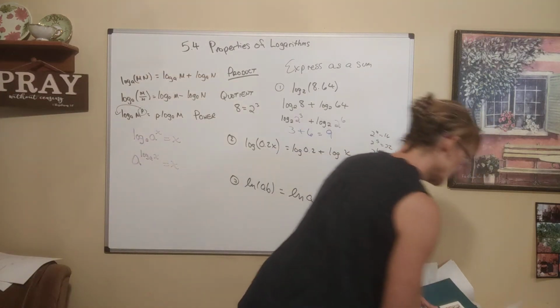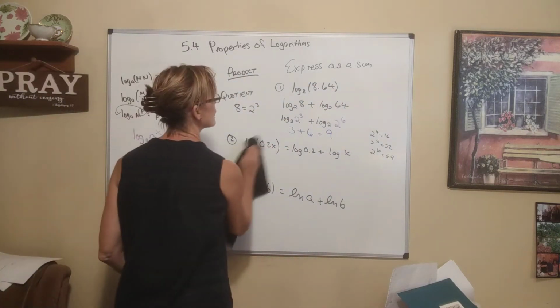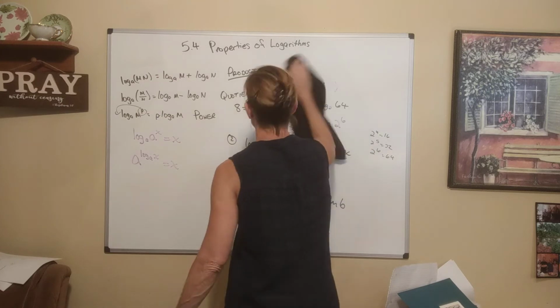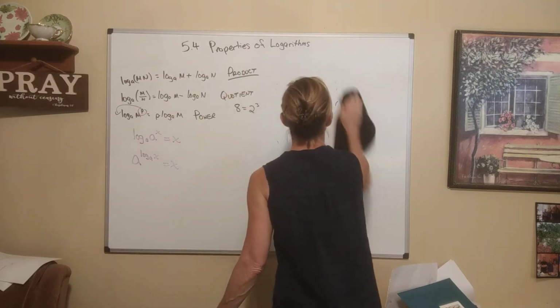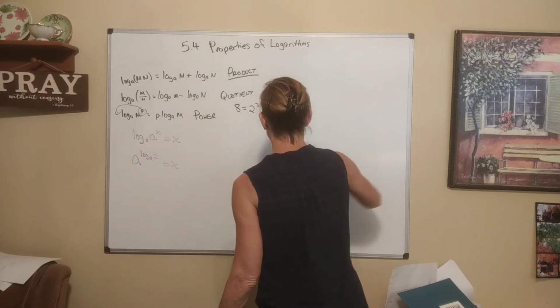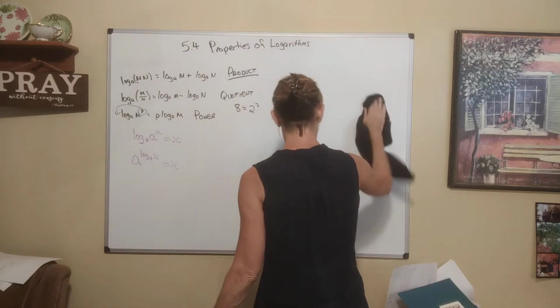Okay, let's go on to the next thing that they asked us to do, which was to express as a difference. Let's express this as a difference of logarithms. So a difference is subtraction, right? Let's rewrite this as the difference of two logarithms.